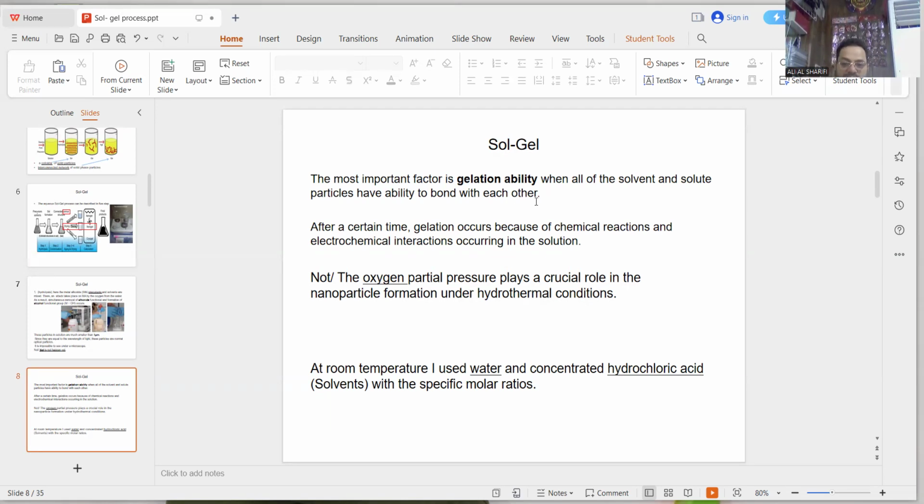Like I said before, this specific molar ratio is critical, and I will illustrate how I can find it. I will focus more on the precursors and how I can find them. But the specific ratio of water and hydrochloric acid is very important. If increased or decreased, some change will happen in the final product.